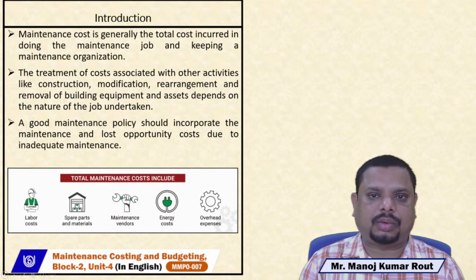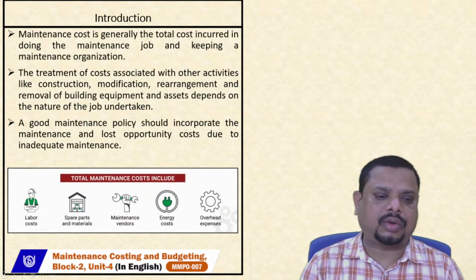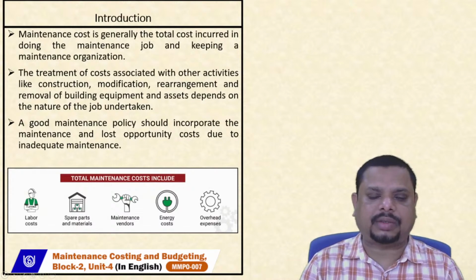If you go to the image, the first one we have is known as labor cost. The next we have spare parts and material cost. Then in some cases, most industries nowadays focus upon what is known as the maintenance vendor, which is done through outsourcing of skilled maintenance workers to provide preventive or corrective actions.